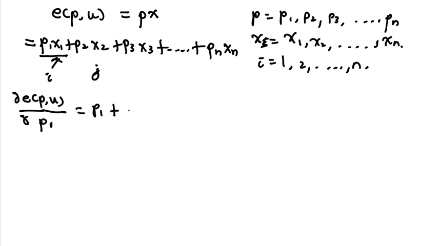But remember, when we differentiate the expenditure function with respect to price 1 here, this expenditure function is a situation where the expenditure has been minimized. So when it has been minimized, every good here, good 1, good 2, good 3 until good n, are all at the optimal level.